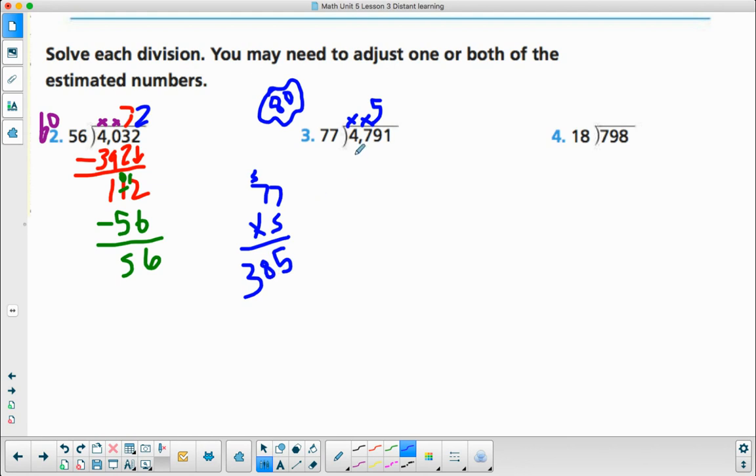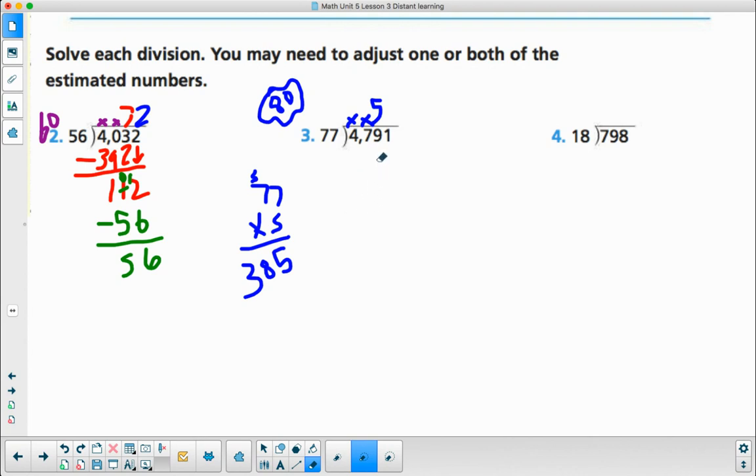Well, I did not overestimate because I can subtract that. Four and 9. But I did underestimate. So I'm going to have to adjust it so I can get rid of all this.